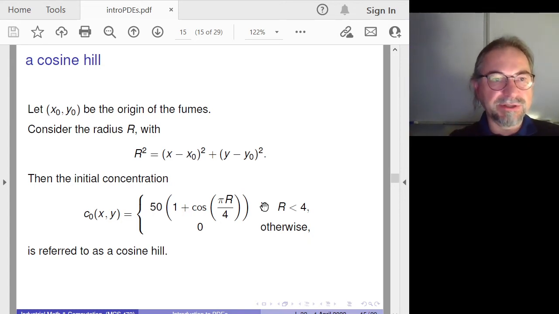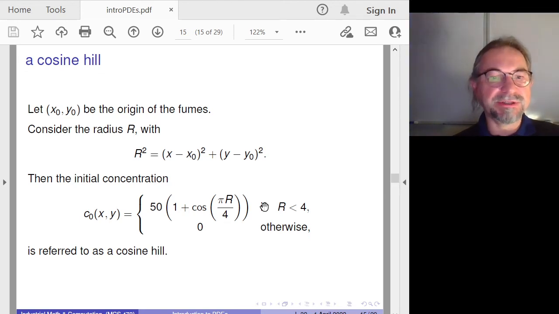We should actually say that we have the center of the smokestack, x0, y0. The r function models the radius, which is essentially the square root, the distance from the smokestack. So here you can model the initial concentration, what is the radius where you notice it when the emission of the fume happens.